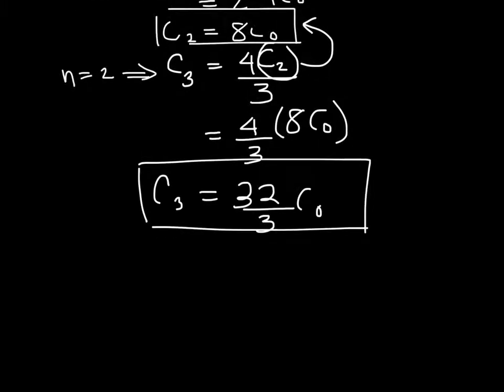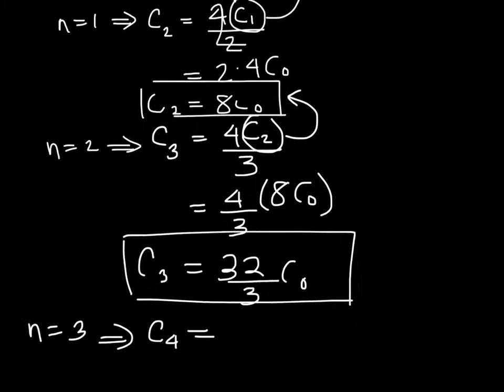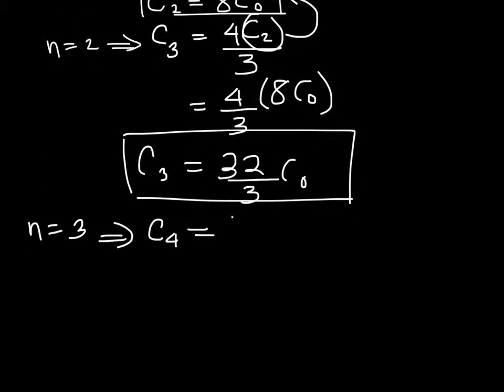And let's go ahead and do one more. So n equals 3. So I get C3 plus 1, so that's C4, equals 4Cn over n plus 1, so that's 4 over 4. Notice that's just 1.